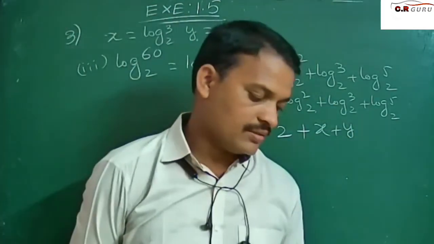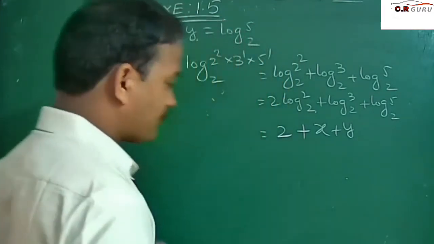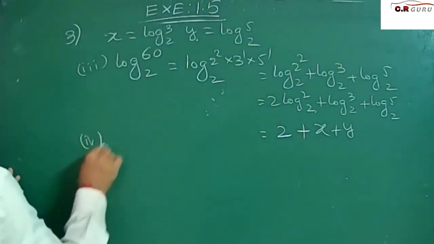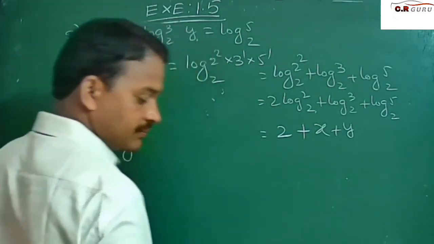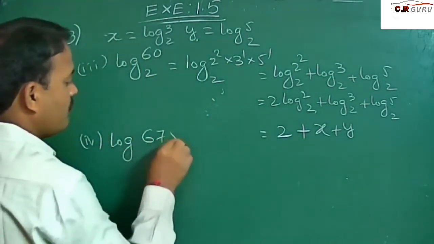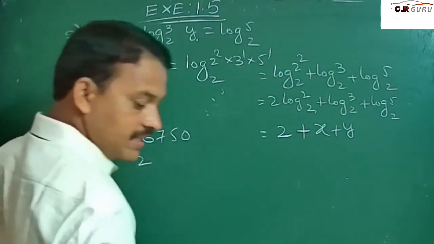Next, the fourth one is log of 6750 base 2.